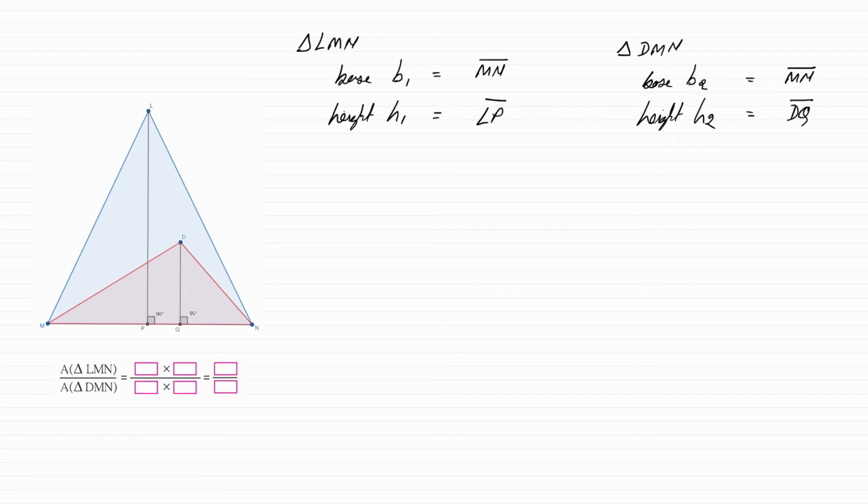Now immediately you can see that base B1 and base B2 are the same. See here. So I can say base B1 is equal to base B2. Now the next thing is I'm going to write the ratio of the areas of the two triangles.